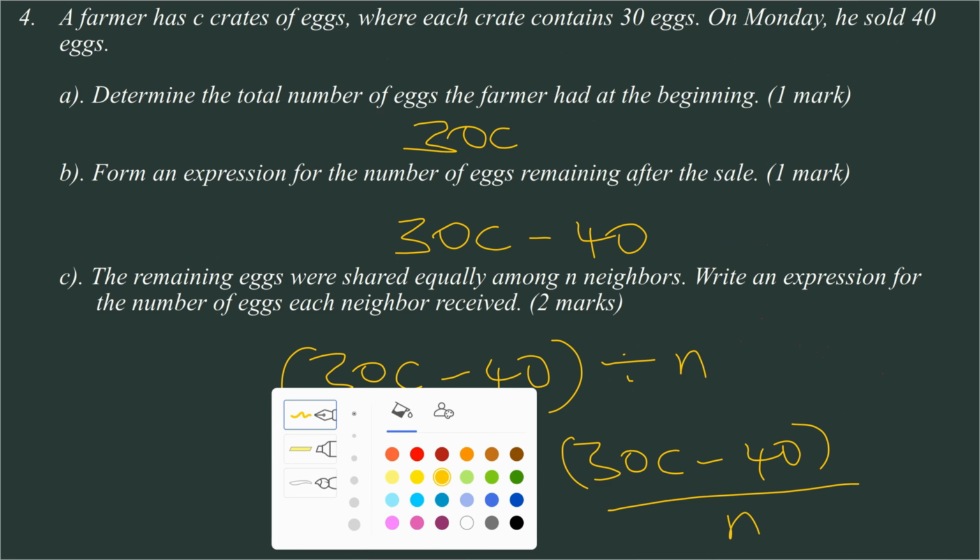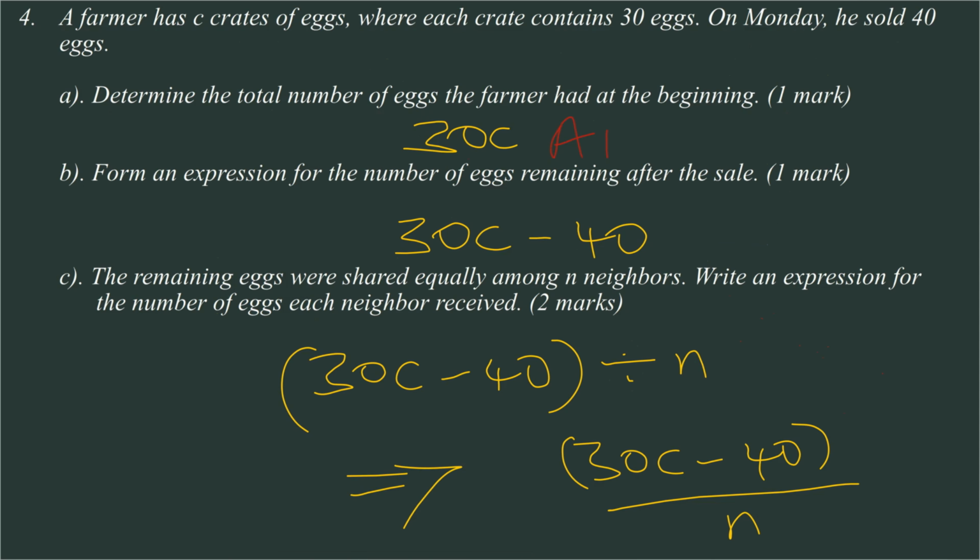How do we distribute the marks? 1 mark for your answer, just the intention of dividing, and here is 1 mark. So those are 4 marks.